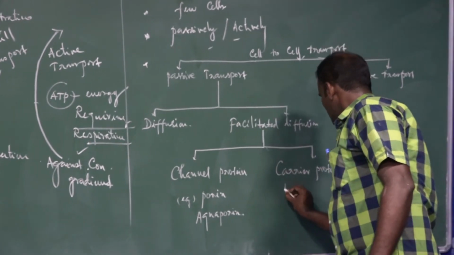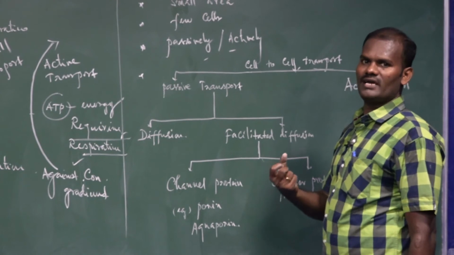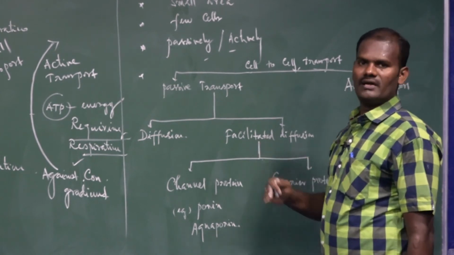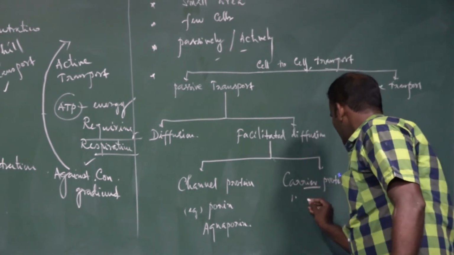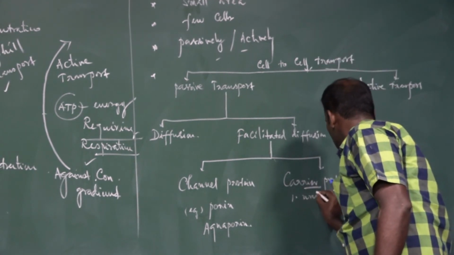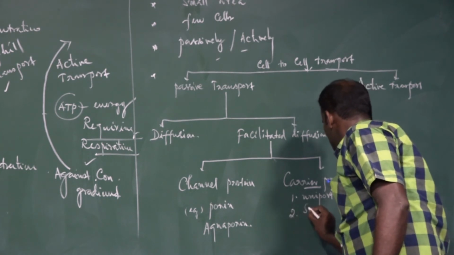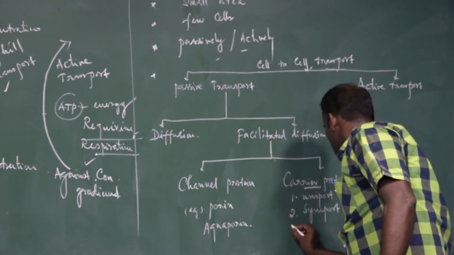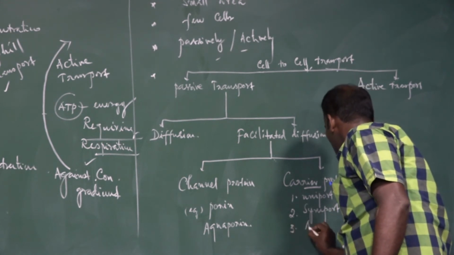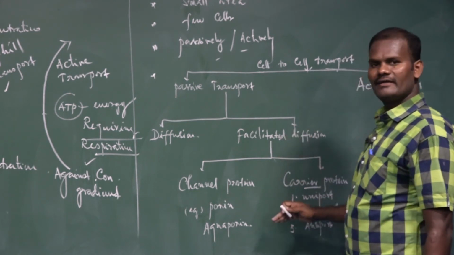Carrier proteins are three types, based on their holding of molecules or direction of transport: one is uniport, symport, then the third one is antiport. So these are the types of facilitated diffusion.